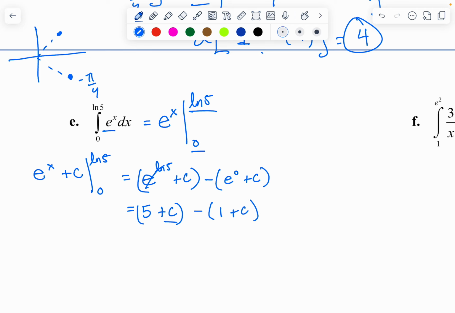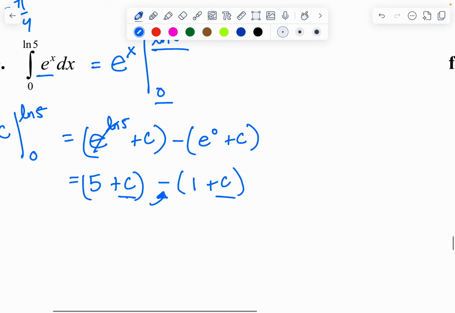So what do you notice happens to the constant of integration? C minus c, because we are subtracting, according to the fundamental theorem of calculus to figure out the area, that will always get subtracted out and disappear. So our final answer is just going to be 4 plus c minus c, which is 4.